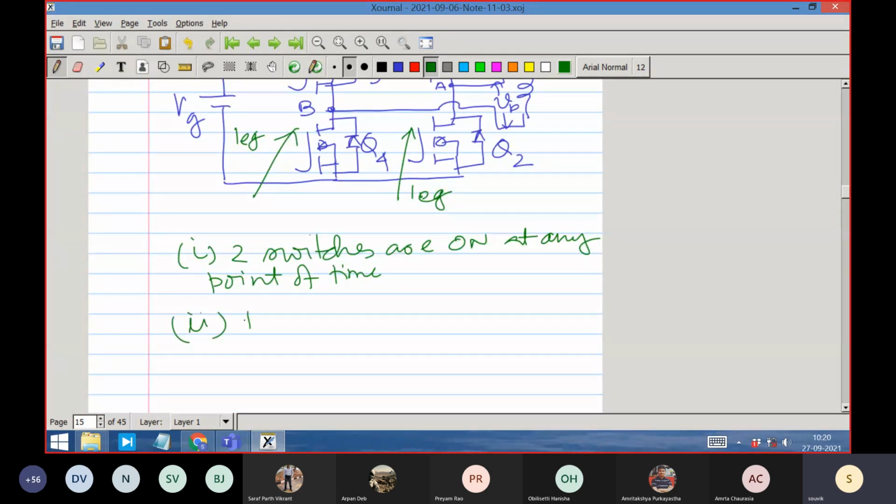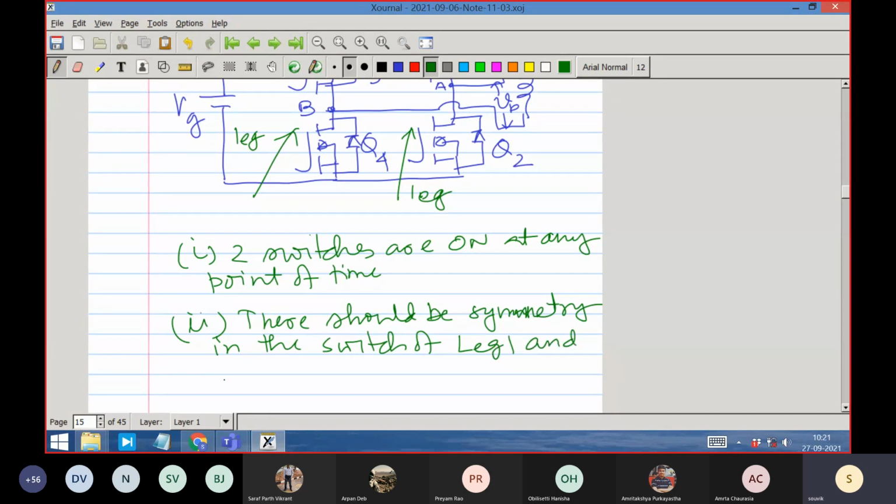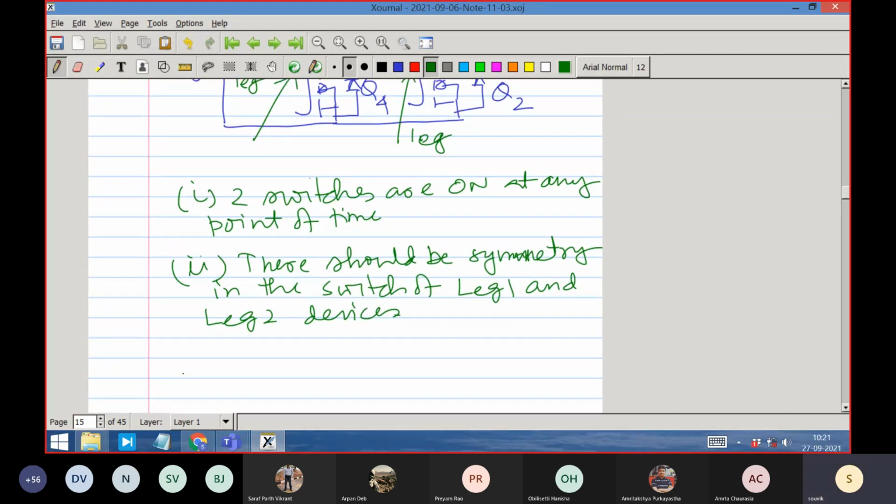There should be symmetry in the switching of leg 1 and leg 2 devices. And there is a beautiful thing happening here. The duty ratio of primary side switches, not the duty ratio of the converter. It has to be a different idea of duty ratio.